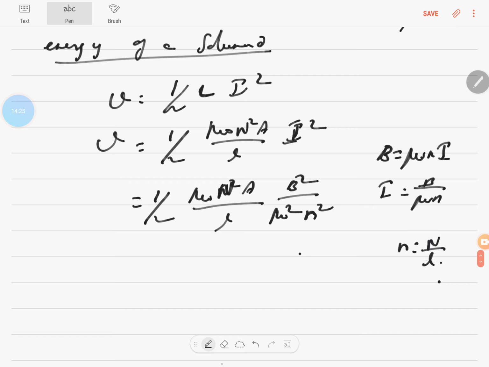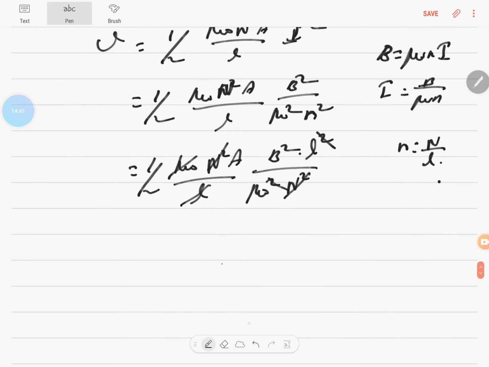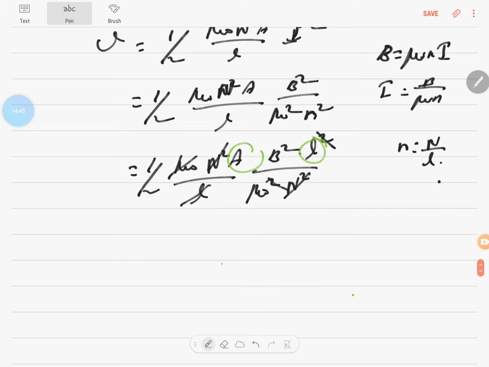Correct? So then half into mu naught into capital N square A by L into B square by mu naught square into capital N square by L square. With this, L and L get cancelled, one of the mu naught gets cancelled, N square gets cancelled. Can you see? A into L is the area into length, which is the volume.